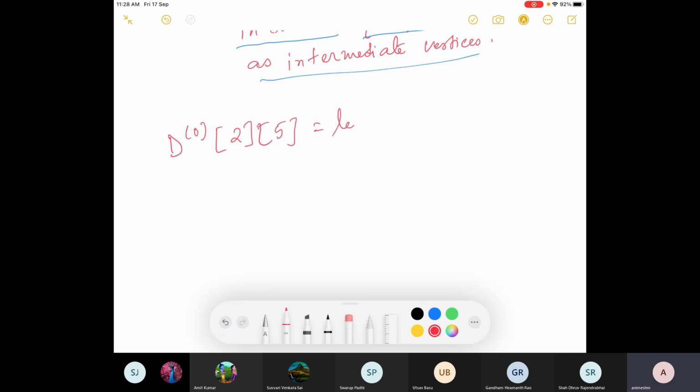This is directly the length of, and in this case this is how much? So directed length of V2 V5, how much is this?